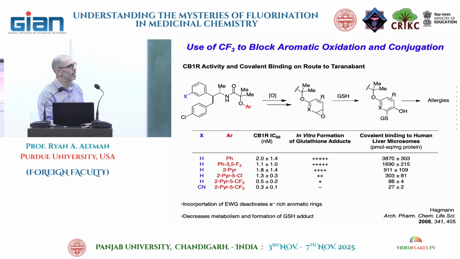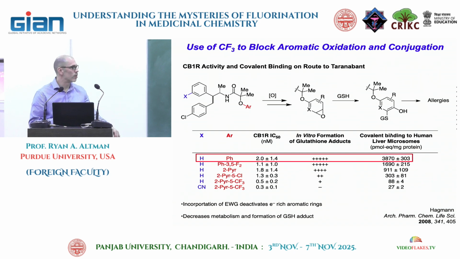Okay, so that's the covalent binding to liver microsomes that they're talking about right here. So that's what's going on with the data. The parent compound itself is a 2 nanomolar inhibitor, antagonist of a cannabinoid receptor. Formation of both the glutathione adducts and the human liver microsome adducts was detected in high quantities.